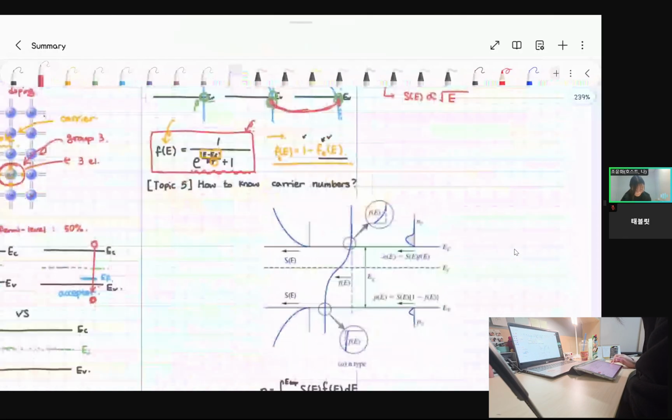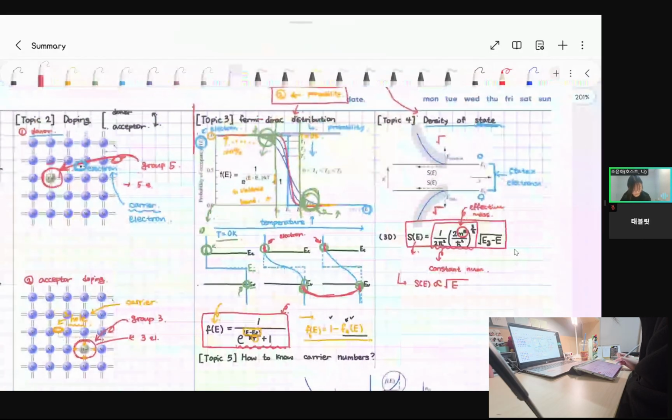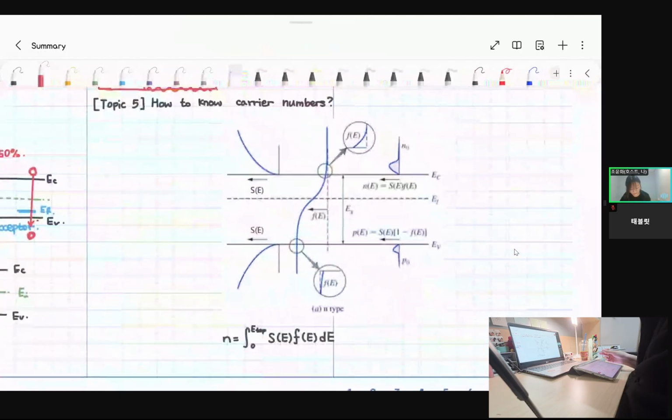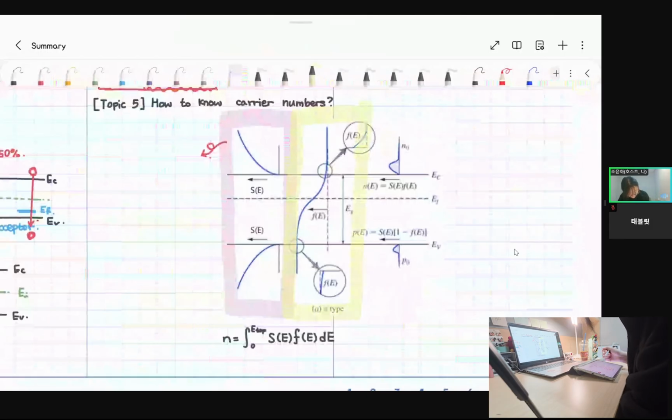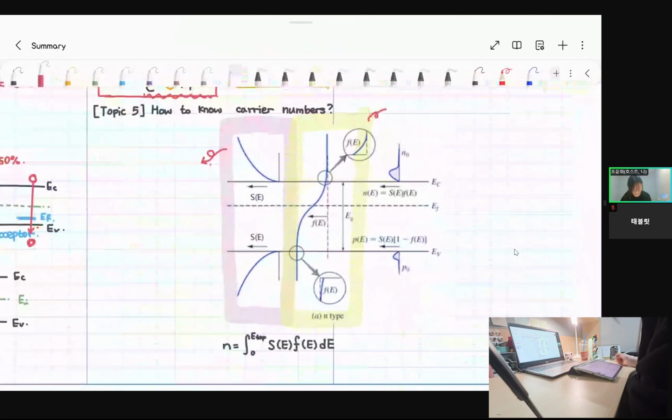Then, having learned these two things, we can calculate the carrier numbers. First, as you see, this is the density of state, and this is the Fermi-Dirac distribution.